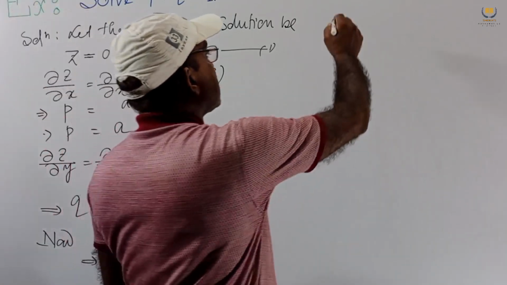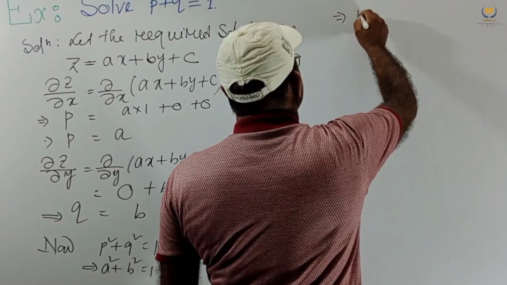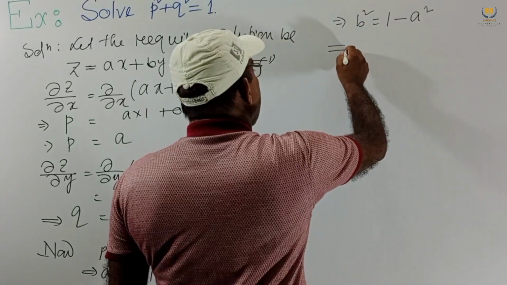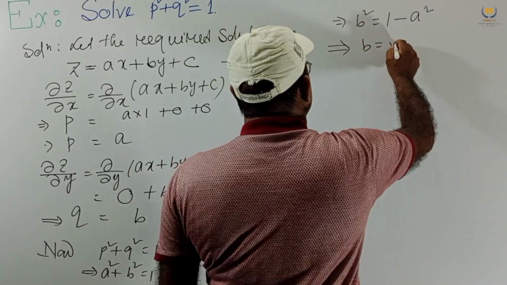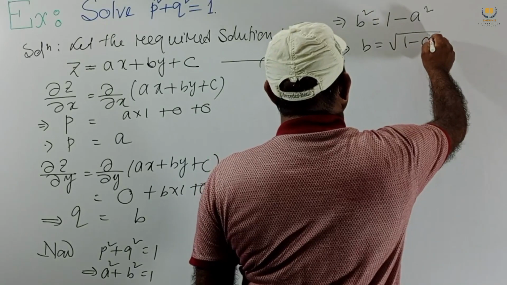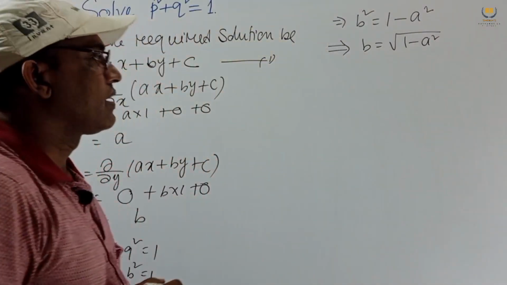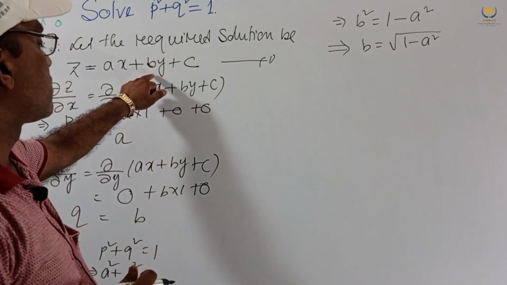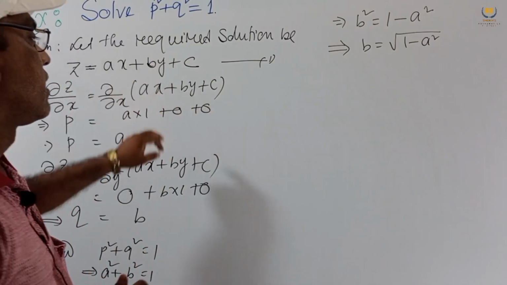This implies b square equal to 1 minus a square, and b equal to root over 1 minus a square. Putting the value of b in equation number 1.